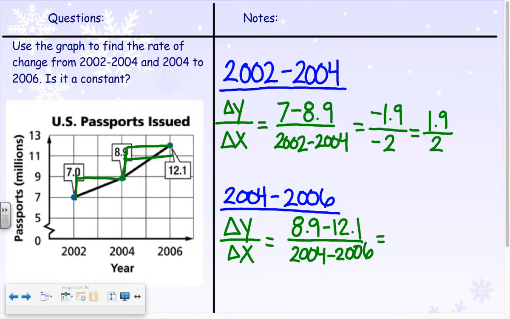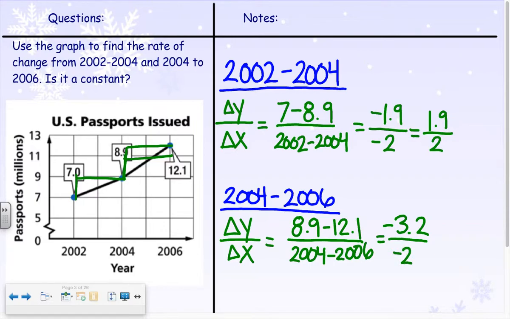So 8.9 minus 12.1 is negative 3.2. And 2004 minus 2006 would be negative 2.